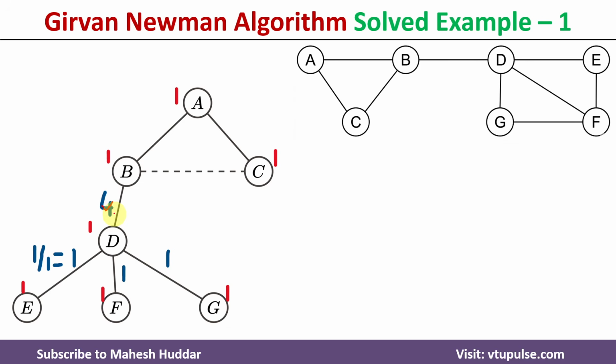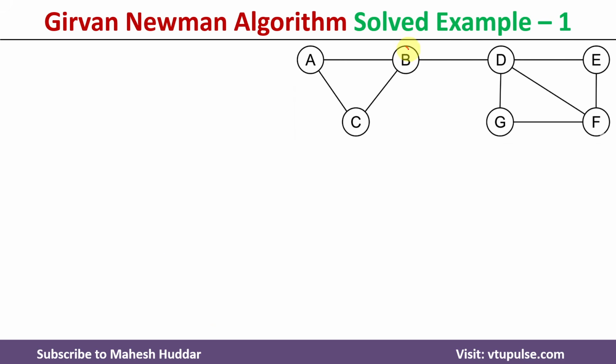After that, we need to find the score between A and B. For this one, B is not a leaf node, so we need to take the child value, that is 4, plus weight of this node B. So 4 plus 1, which is equal to 5. Next one is C. C is a leaf node. So for this one, the score is parent weight divided by child weight, that is 1 divided by 1, which is equal to 1.